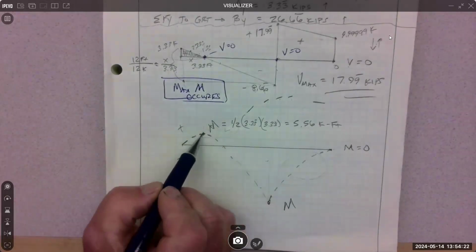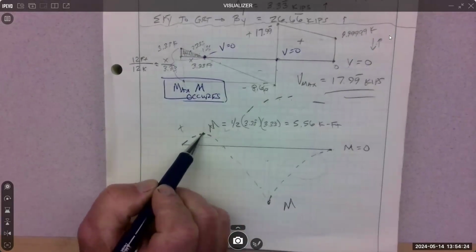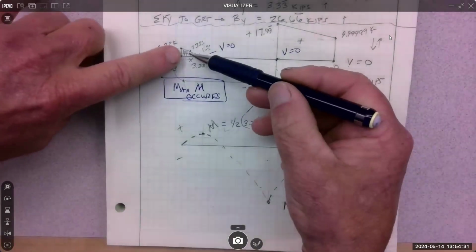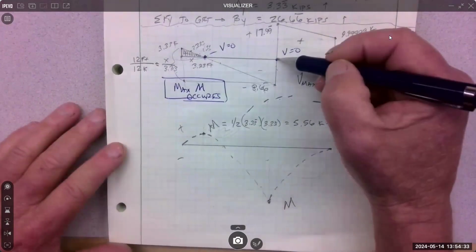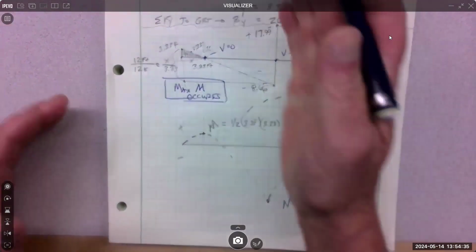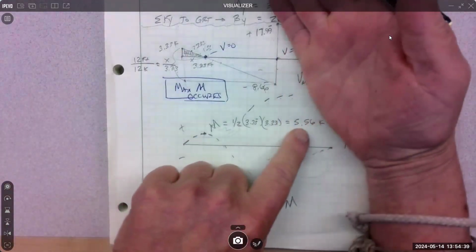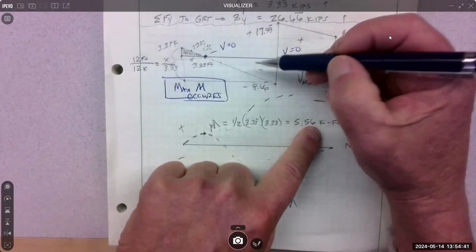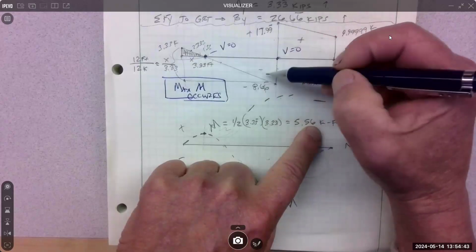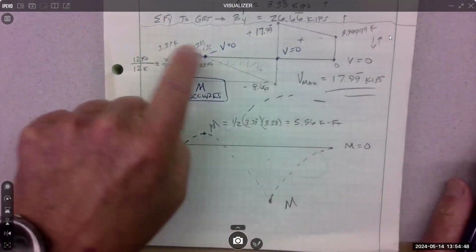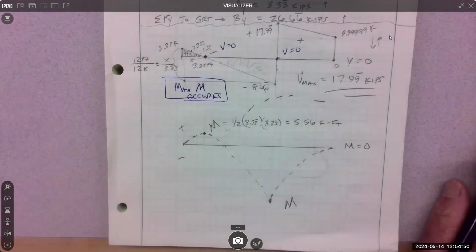That's here. So how do we get this one? Same method, but now we have a plus, because we're here and we look left, so we have to do everything to the left. We have a positive moment of 5.56 and a negative moment of this, whatever it is. One's positive, one's negative.